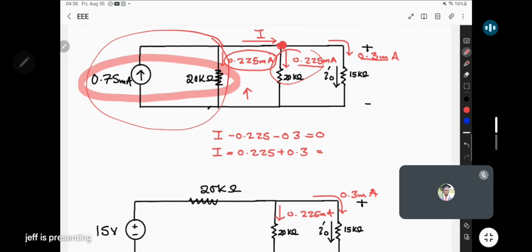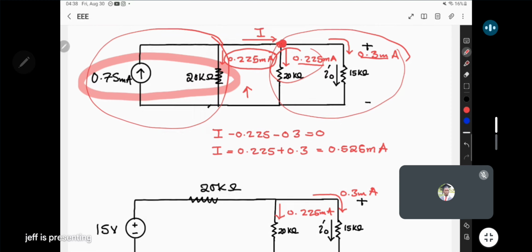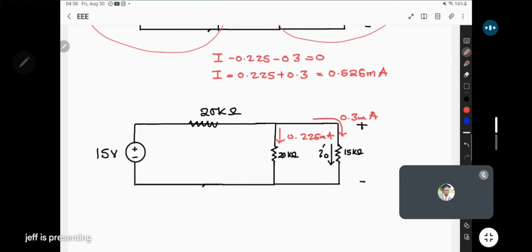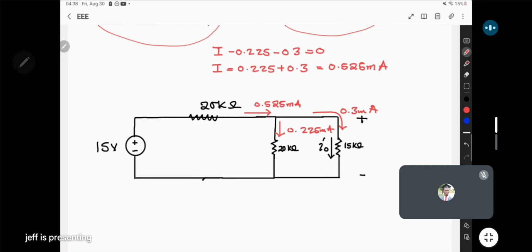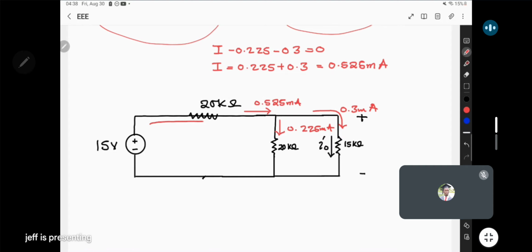When you add these, you get 0.525 as the amount of current that went this side. So when the circuit changes to become this, the amount of current that is coming towards this point is 0.525 milliamps. So this is the current coming this side.